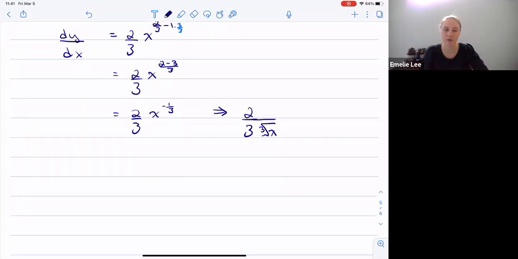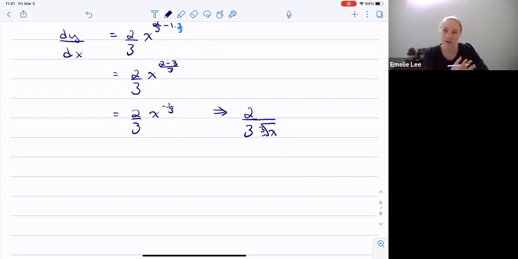X to the -1/3 is 1 over the third root of x. Okay, so that's a good one to know, right? X to the power of something, if I take the derivative, just bump it down, move on.